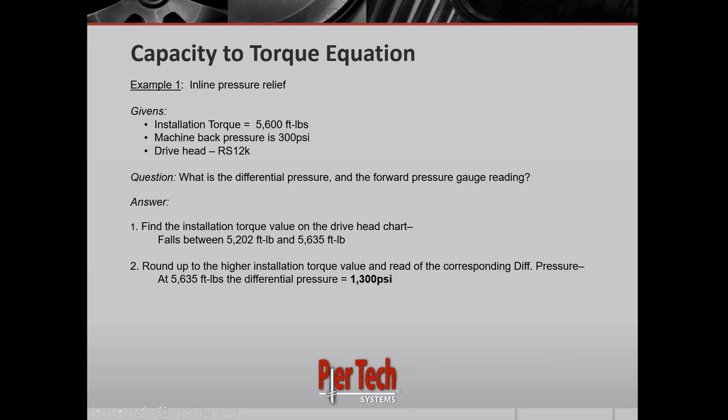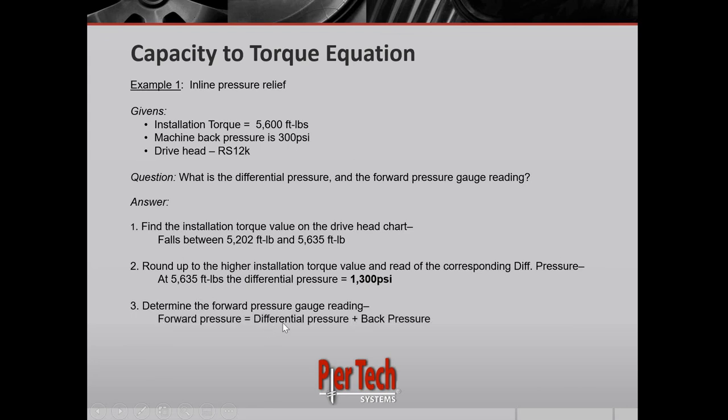So you now have what the difference between the forward and back pressure gauge is. Now you want to determine what your forward pressure gauge should be reading. This differential pressure of 1,300 psi is what you'll determine prior to going out to the project. So you go out there and you're installing with a 300 psi back pressure and a target of 1,300 differential.